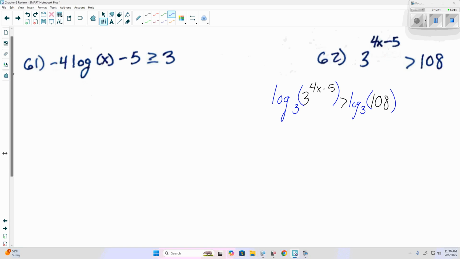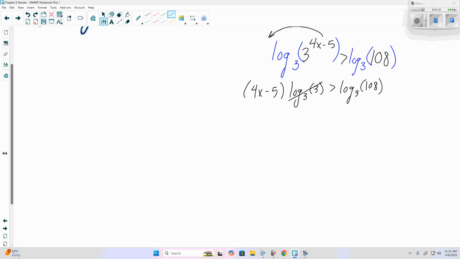Specifically, we need the log, but the base 3 makes this easier to solve. Now, log base 3 of 3 is what? 1. So that simplifies to 1, and 1 times 4x minus 5 is 4x minus 5.